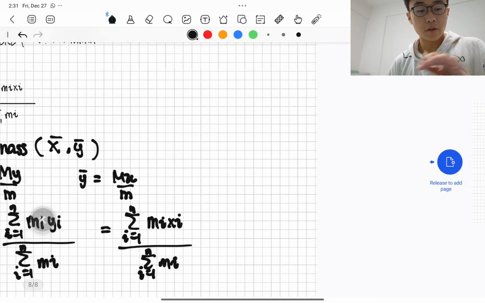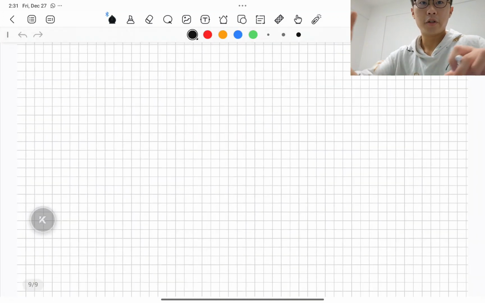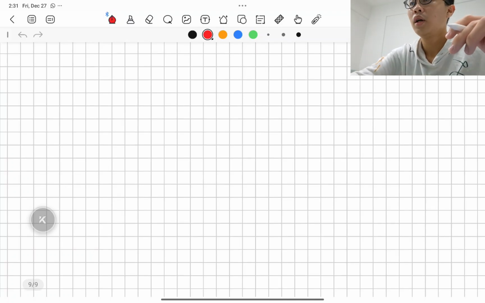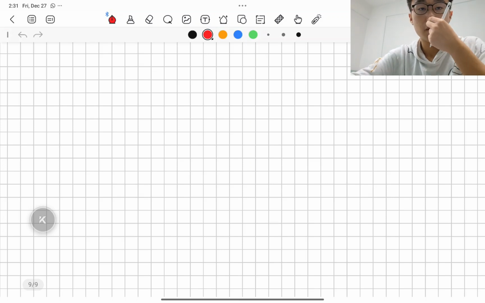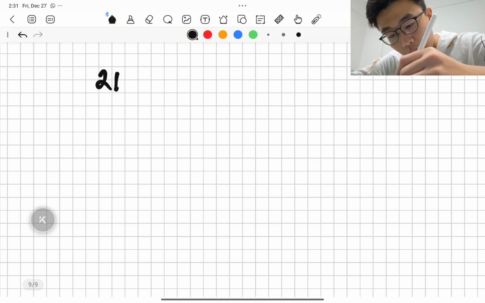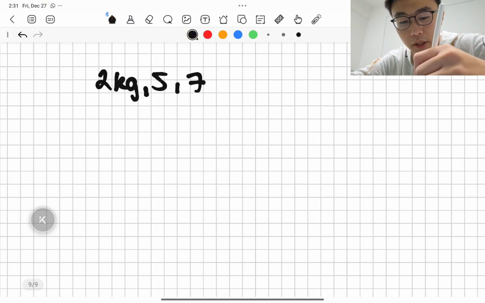To get a clear understanding, I think it's better to go to an example. We have a load with three objects with masses 2 kilograms, 5 kilograms, and 7 kilograms.